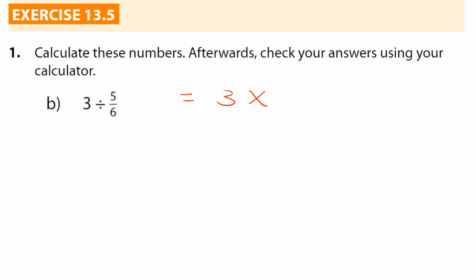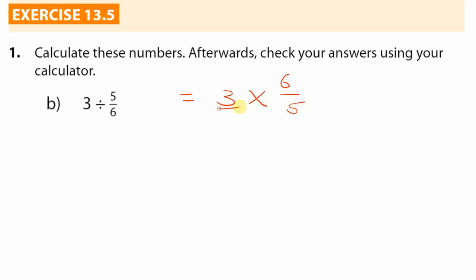The other hint is, if you change something, if you change the sign from divide to multiply, you pay a price. So something has to change. So the price we pay is that which is at the bottom goes to the top. That which is at the top goes to the bottom.